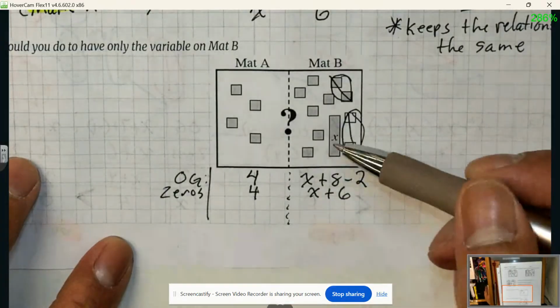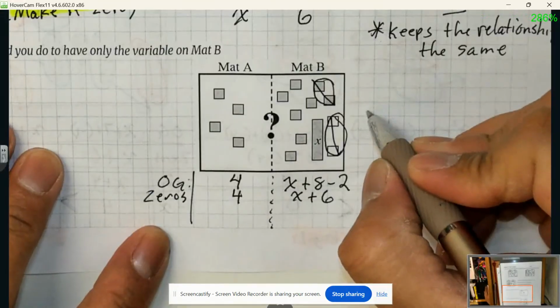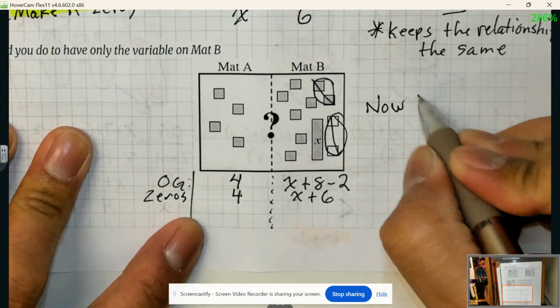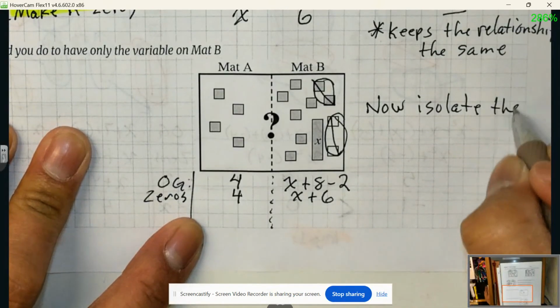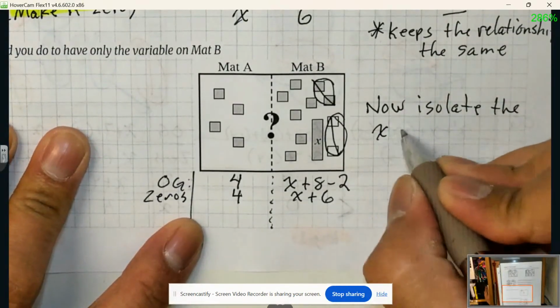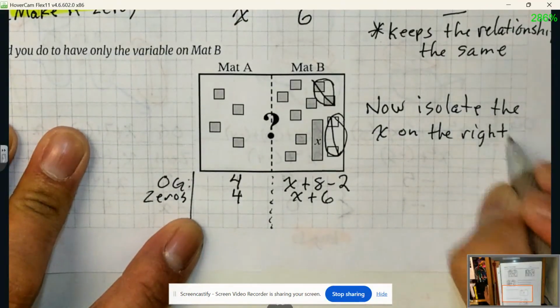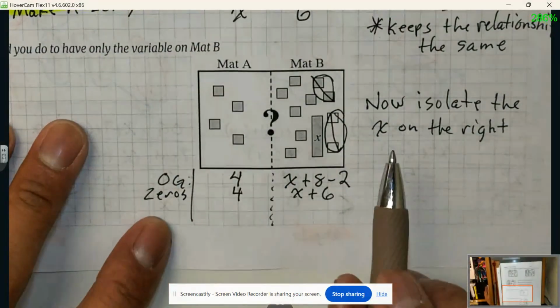Okay, then our next, remember we're trying to isolate. Okay, this is our new goal, is to now isolate the x on the right. Okay, that's our goal. Get it by itself. And how are we going to do that?